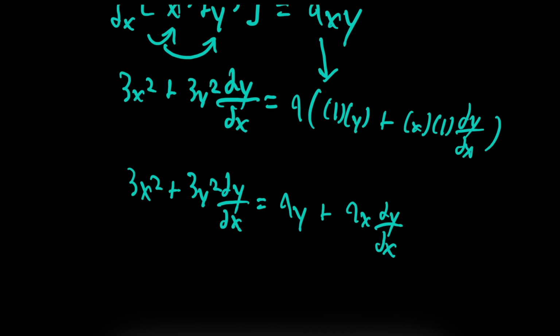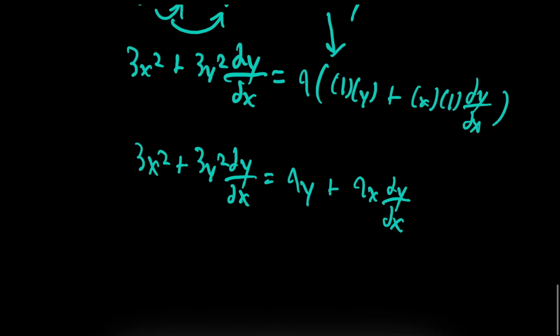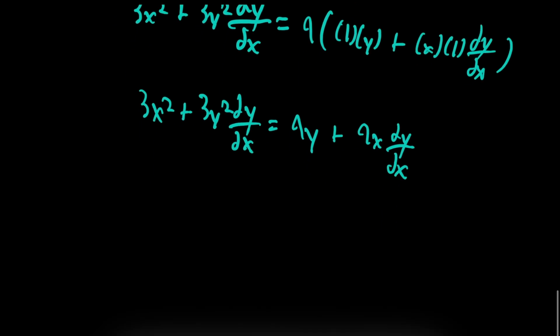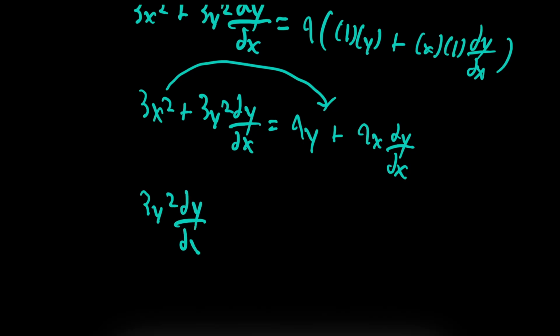Now we can bring all the dy dx terms over to one side, and we will bring all the other terms over to the other side. So 3y squared dy dx minus 9x dy dx is equal to 9y minus 3x squared.